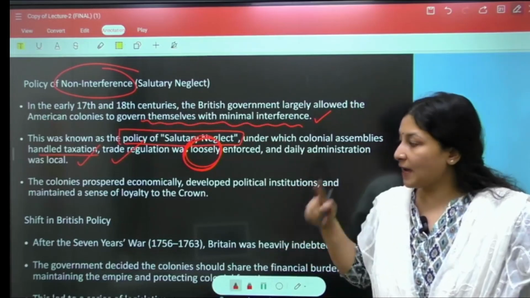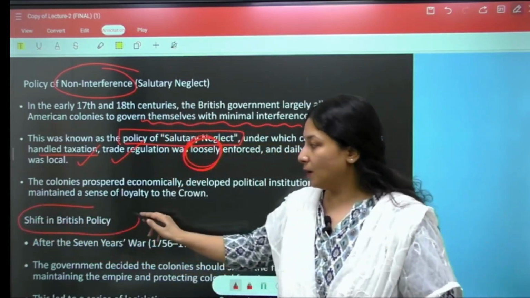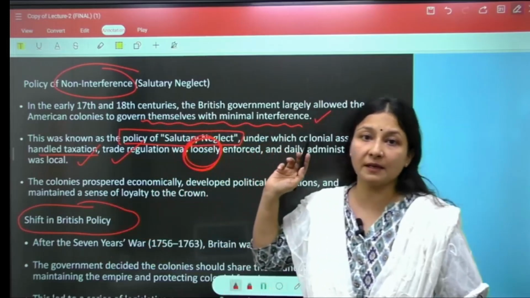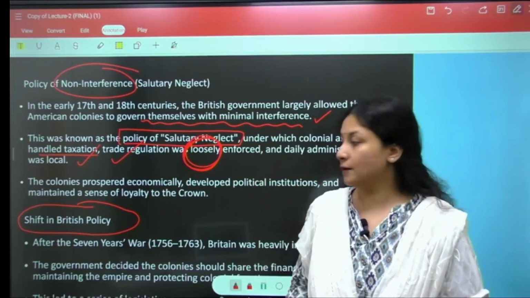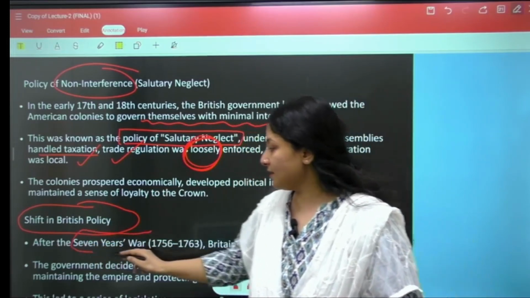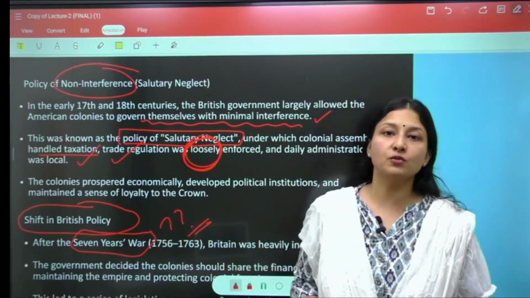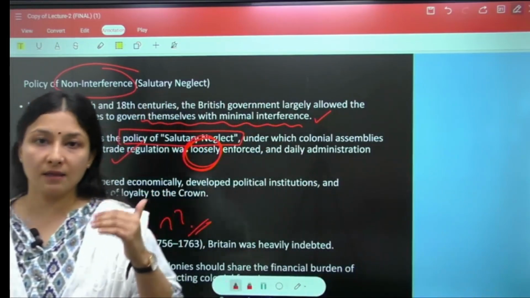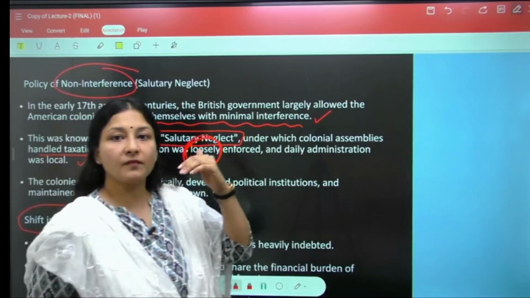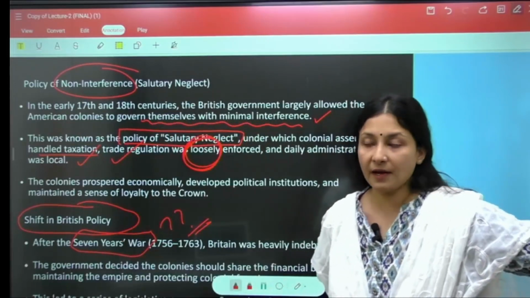But what leads to the shift in British policies ultimately is the expenditure required for the 7 years of war. From where will the money come to sustain this war? We have also seen that they imposed a lot of taxes on India, right?